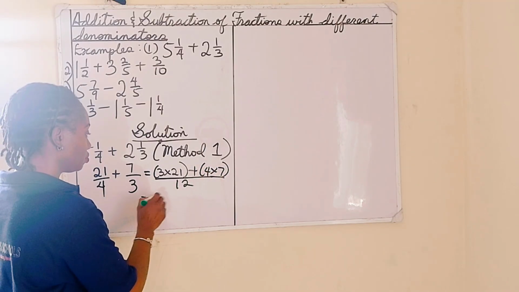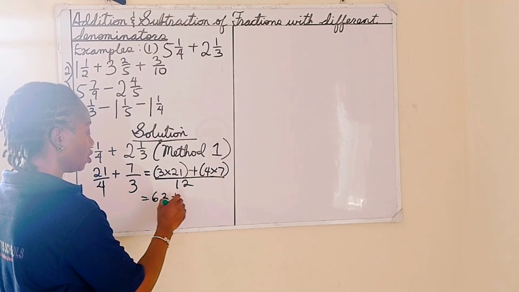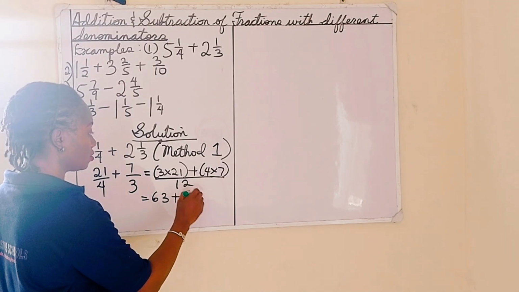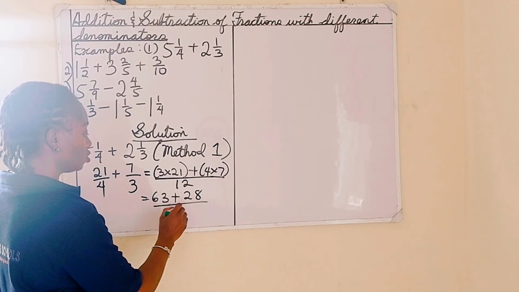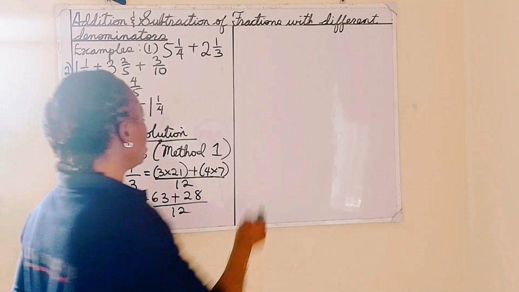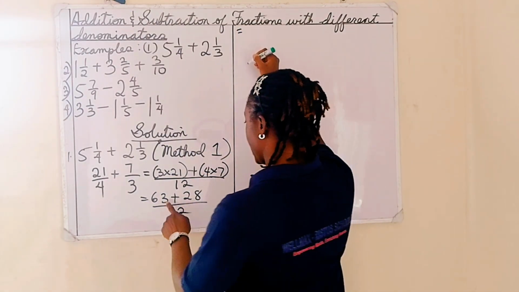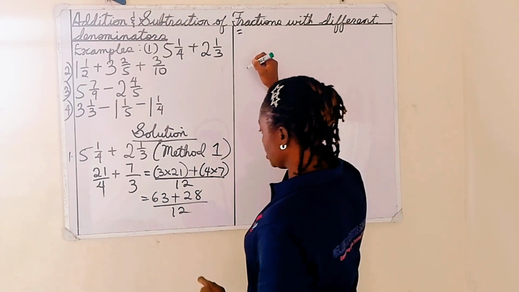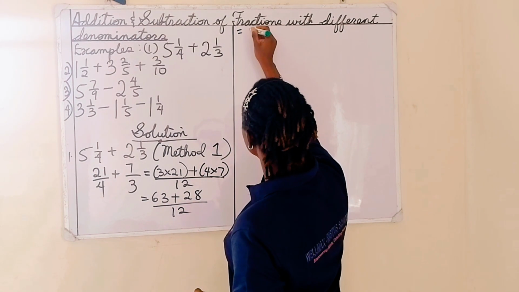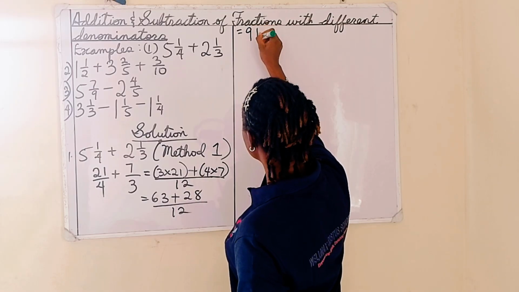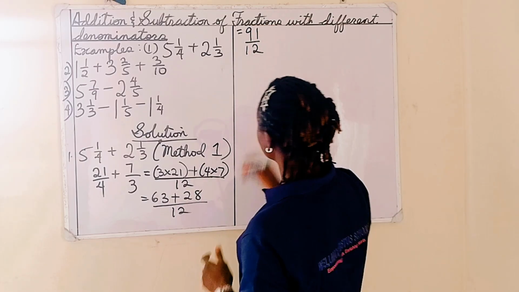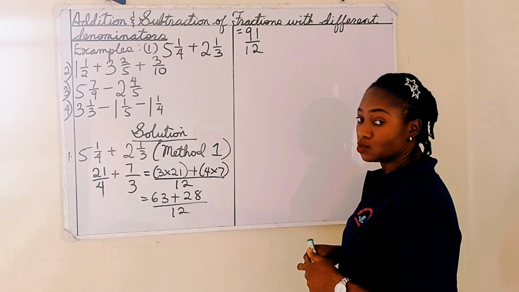Right? So we have 63 plus 4 times 7 is 28 over 12. So from here, we have 63 plus 28. That gives us 91 over 12.